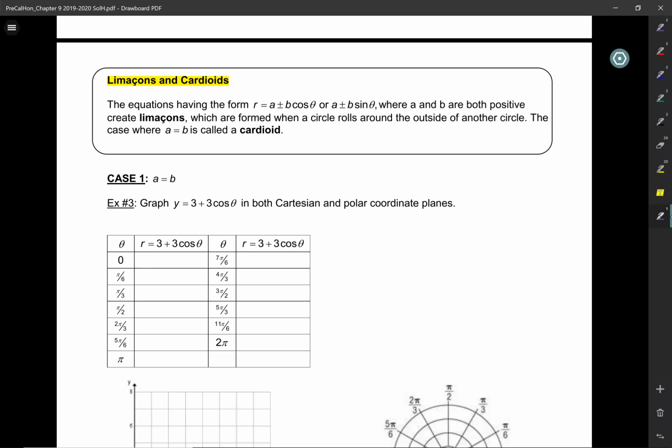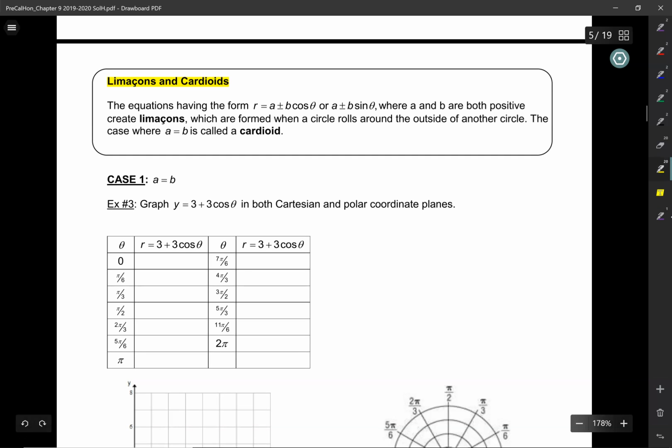All right, so the equations for limaçons and cardioids have the form A plus or minus B cosine theta, or A plus or minus B sine theta. So for example, r is equal to 3 plus 2 cosine theta, okay?